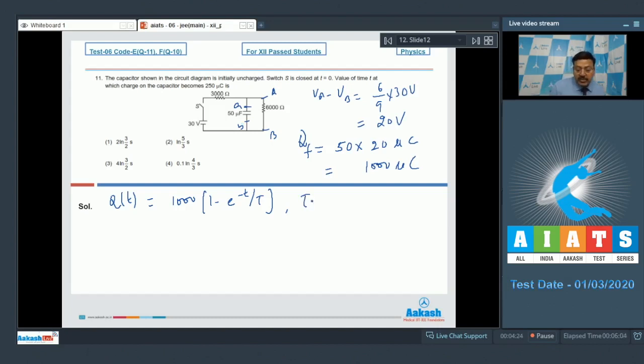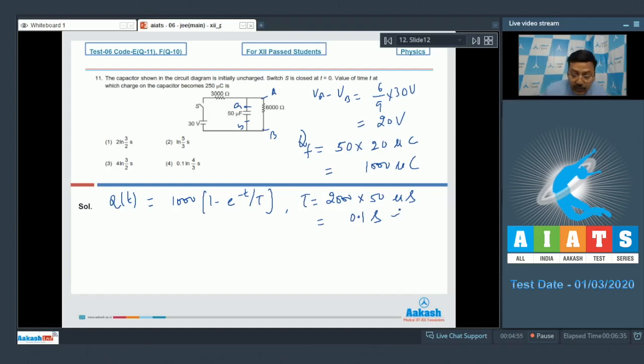The value of time constant tau is 2000 into C, that means 2000 into 50, in microsecond. Let's simplify this still further. Considering that 1 microsecond is 10 to the power minus 6 second, the time constant is 0.1 second.